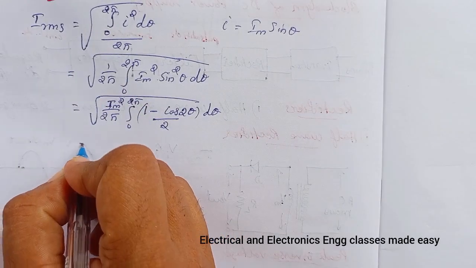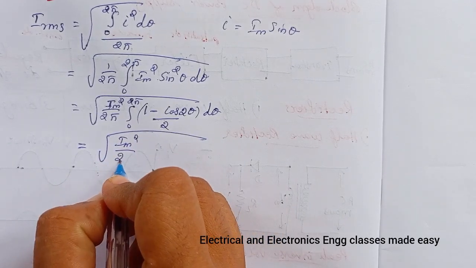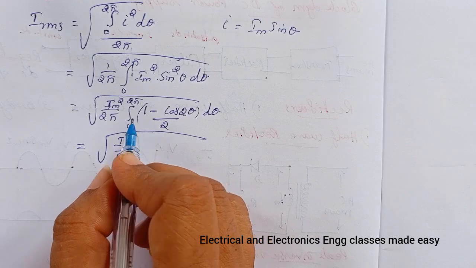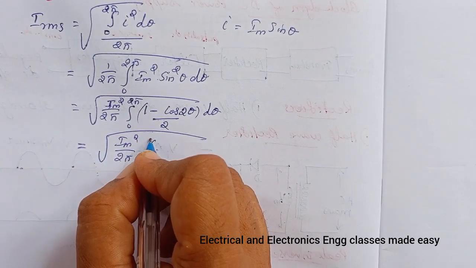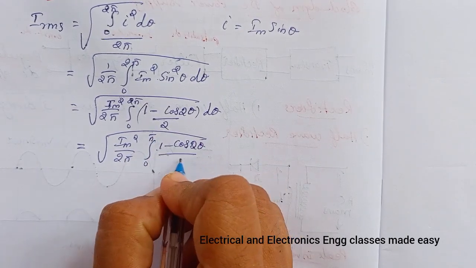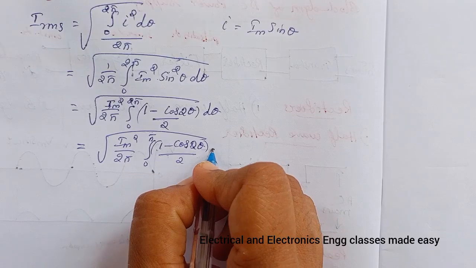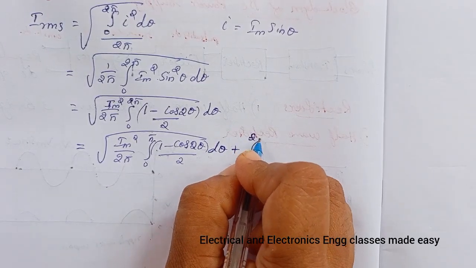and which is equal to square root of Im square divided by 2 pi. Then we can split this limit, that is integral 0 to pi (1 minus cos 2 theta) divided by 2 d theta, plus integral pi to 2 pi.